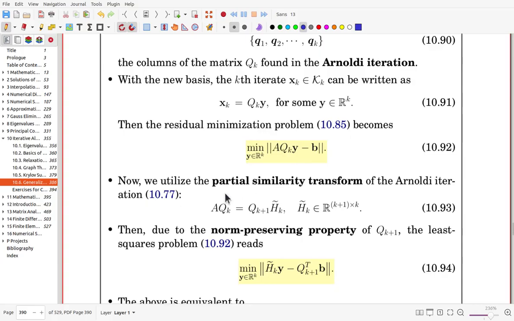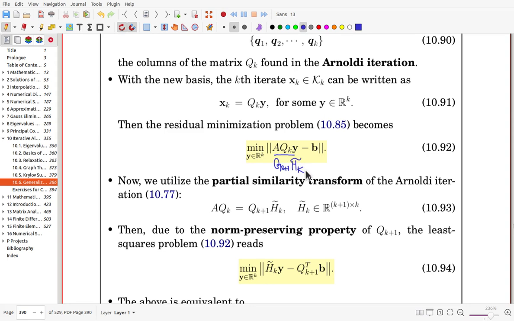So we'll try to use the partial similarity transformation. We already know that A Qk is the same as Q(k+1) H tilde k. So this portion, A Qk, is now changed to Q(k+1) and H tilde k.